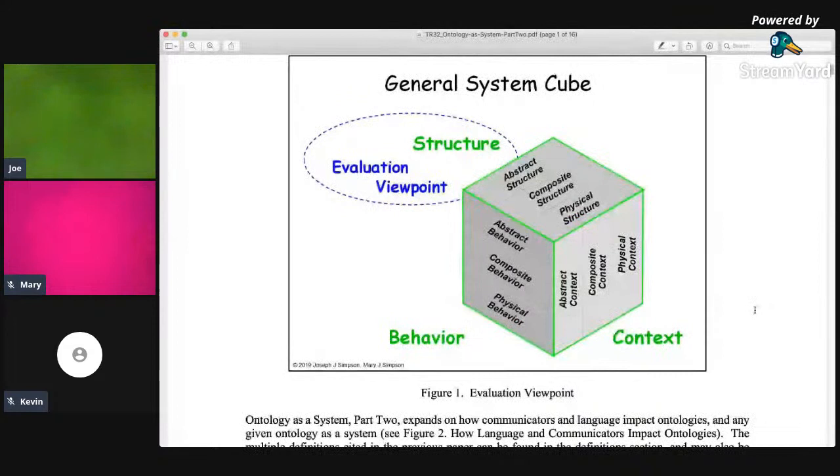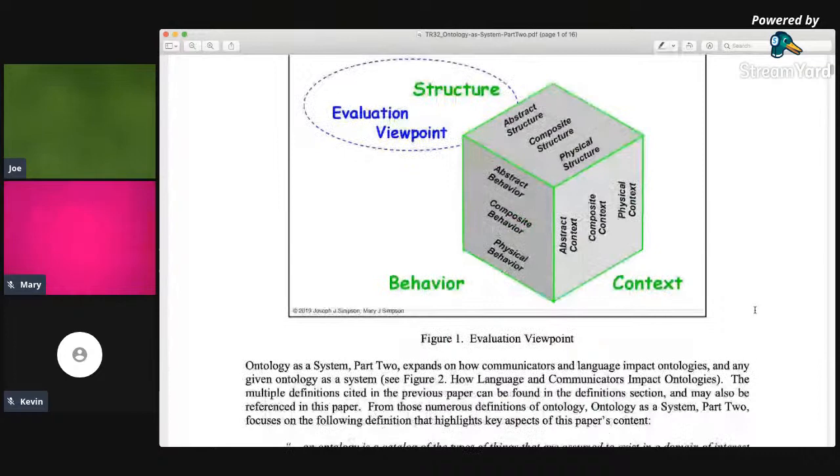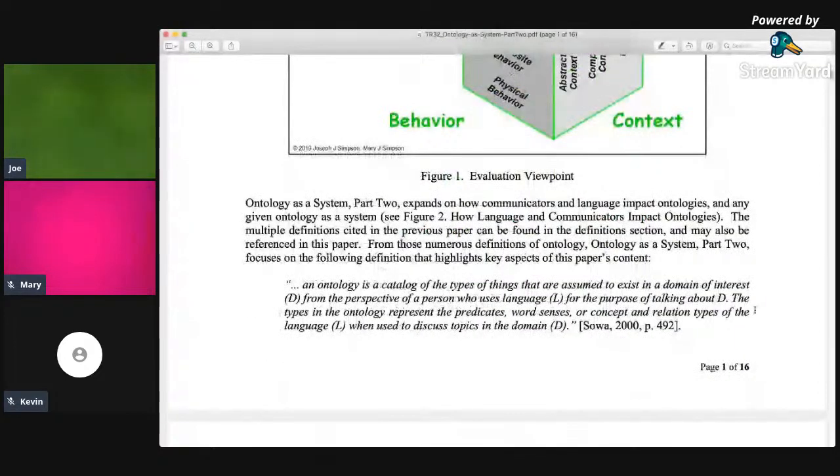Now we're going to use the general system cube and still look at ontology from the evaluation viewpoint of structure, which is interesting.